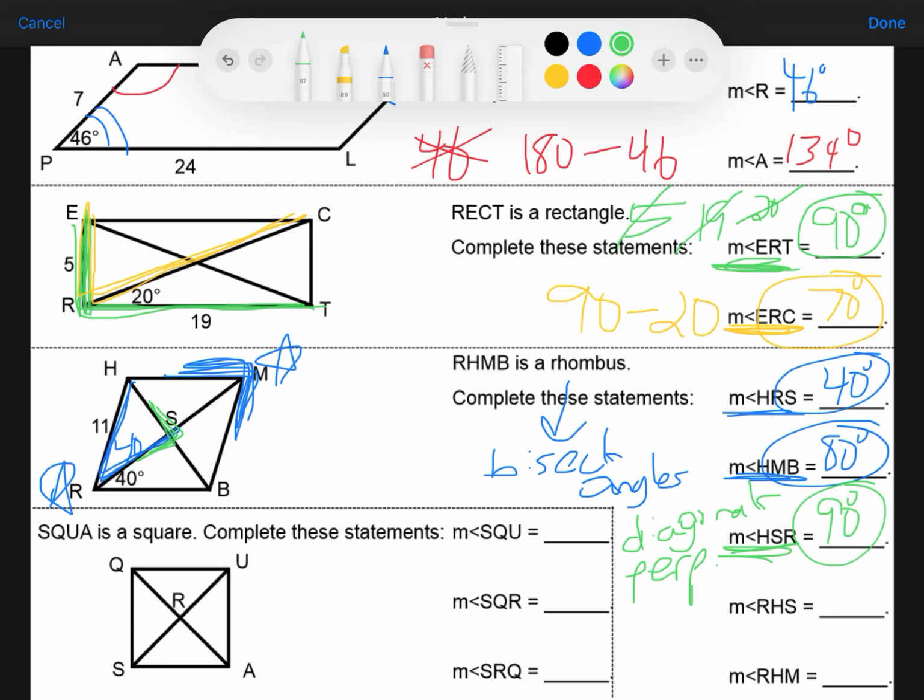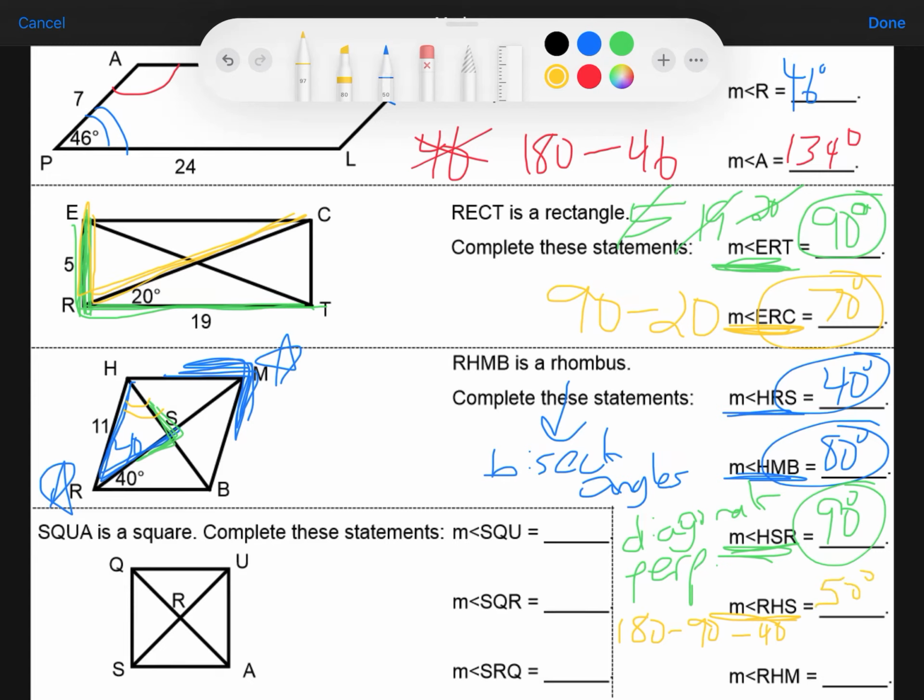Next problem, RHS is this little angle right there. How do we do that? Well, we go back to what we learned about triangles. 180 degrees in triangles, minus 90 in the middle, minus 40 here. We did this problem over and over again on IXL level N.8 on Monday, but it's been a while since Monday.